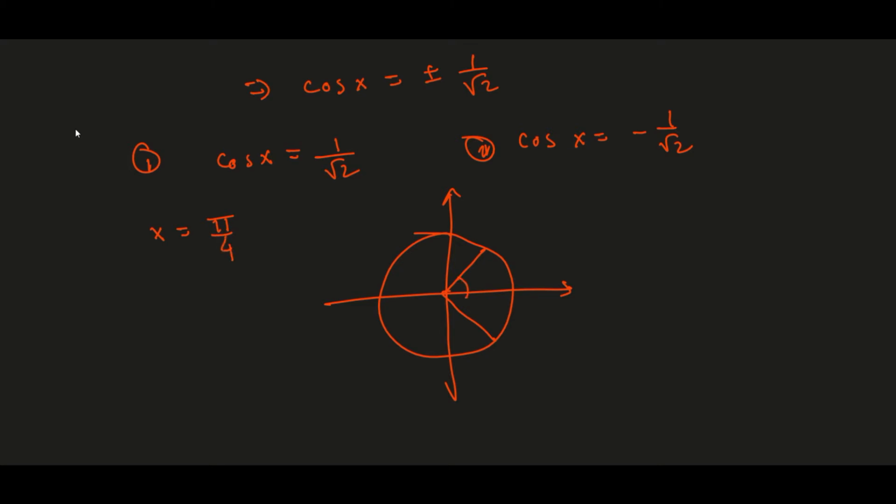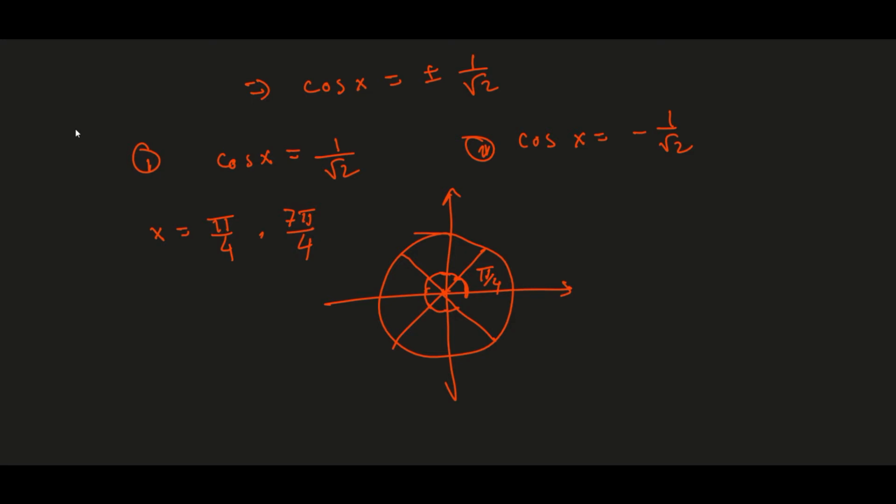The first one is pi over 4, and to get the other angle, we count how many pi by 4 we have traveled so far. 1 pi by 4, 2 pi by 4, 3 pi by 4, 4 pi by 4, 5, 6, 7. This is 7 pi over 4.